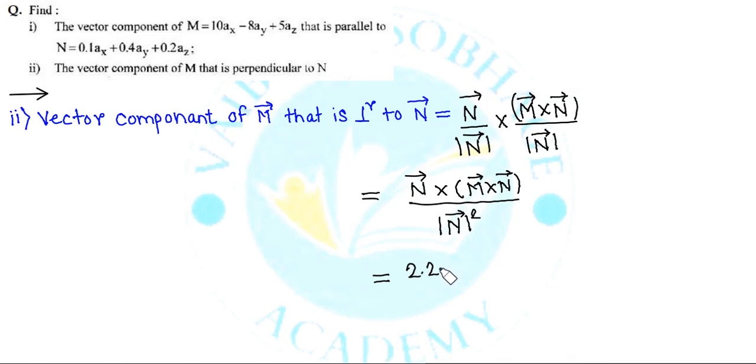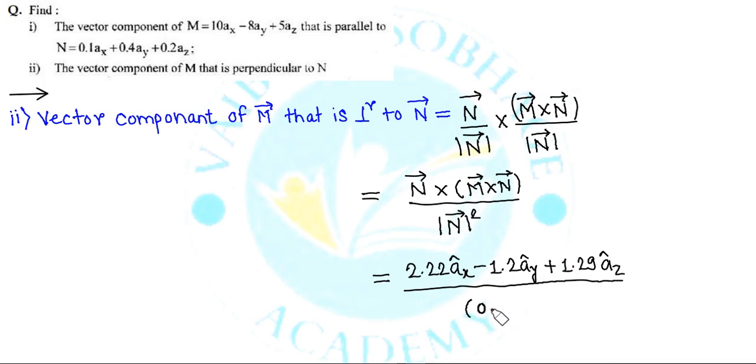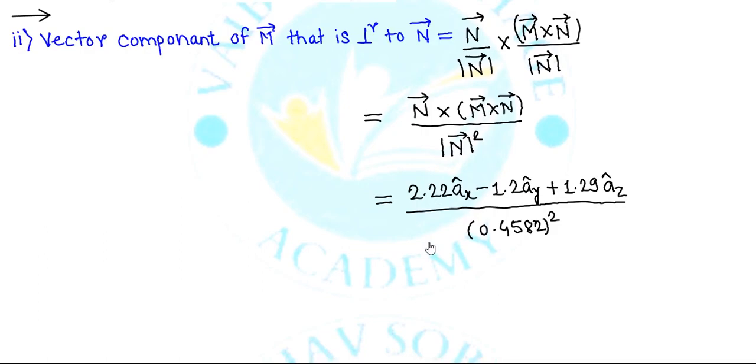We have that value to be 2.22 ax cap minus 1.2 ay and then 1.29 az, divided by the square of the magnitude of n. So we have the magnitude of n to be 0.4582 squared.